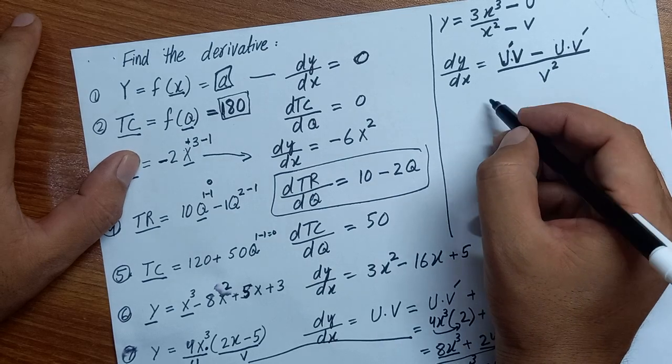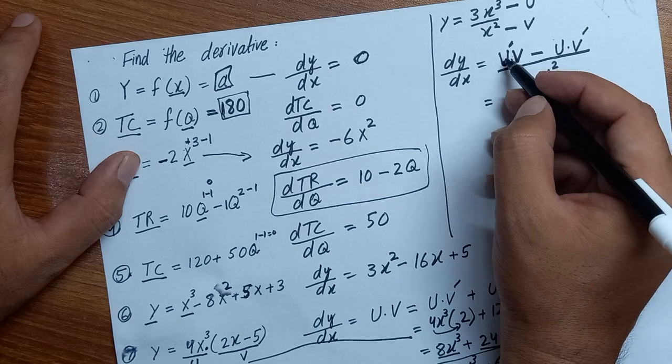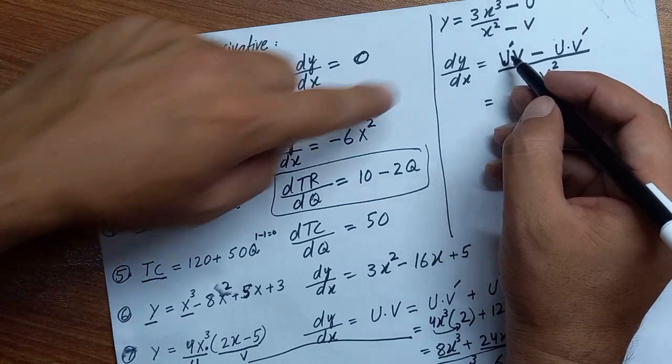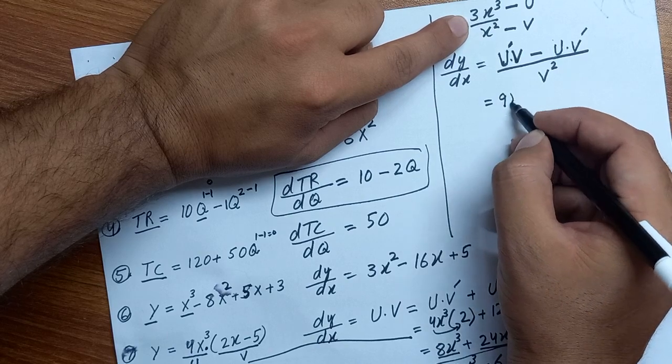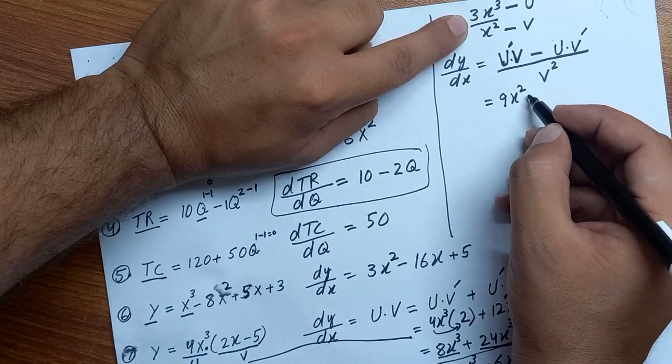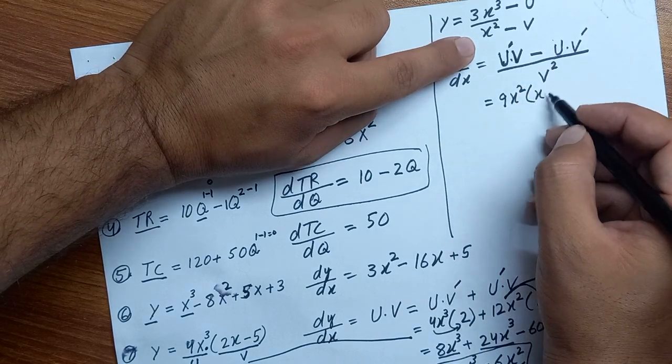Now we put in the values. We take the derivative of u. The derivative of u is 3 threes are 9x square, and we write the value of v as it is, x square.